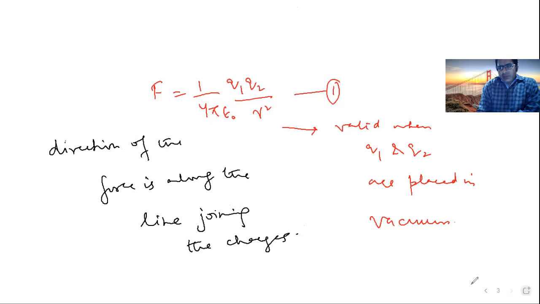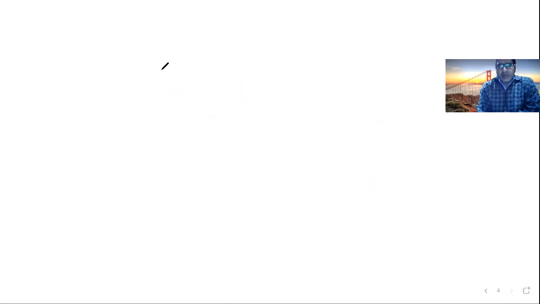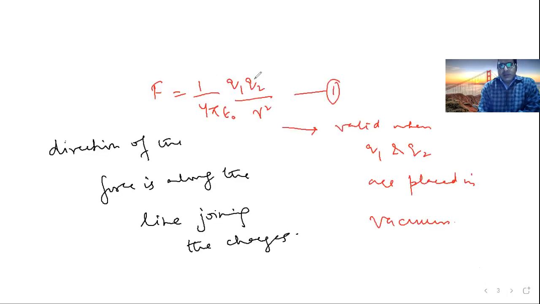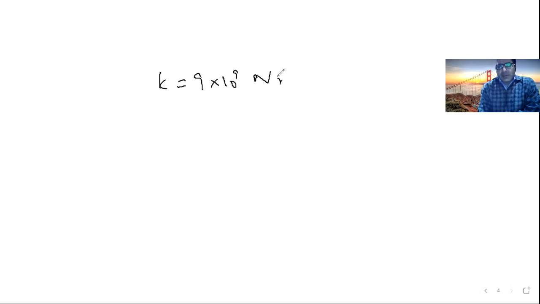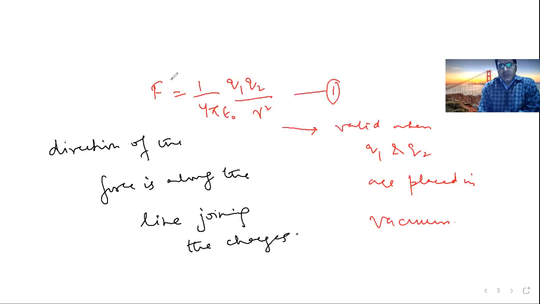What about the value for the constant of proportionality? The value of k is 9 into 10 raised to the power 9. What will be its unit? Newton meter square per coulomb square. Here you have force, and you solve for k: it will be Newton on this side, and with r square on the other side, meter square.